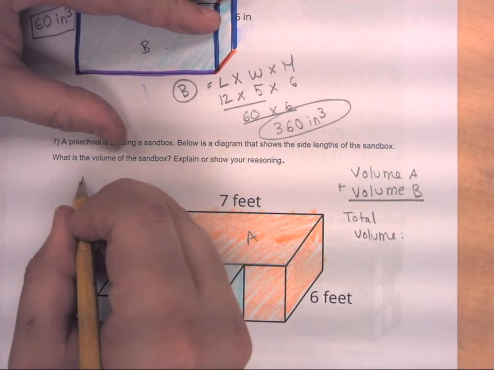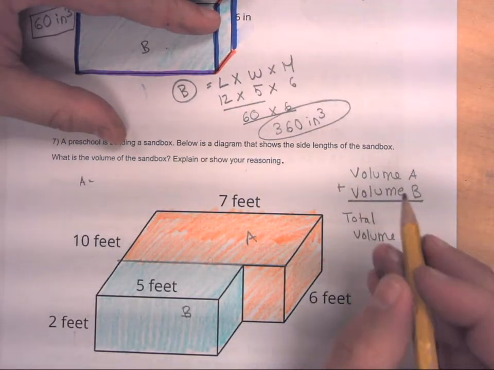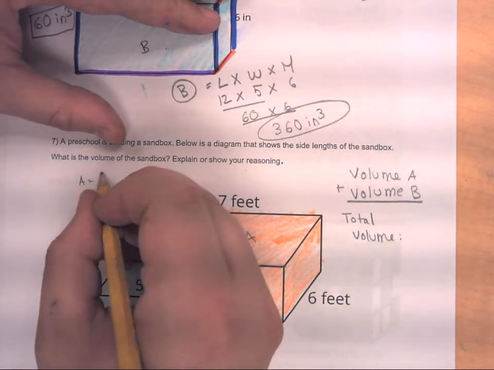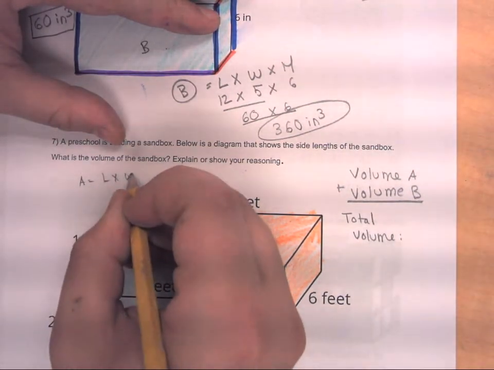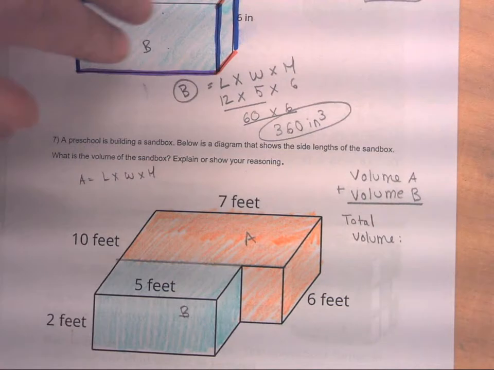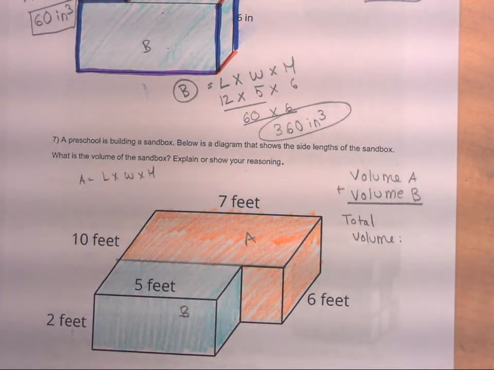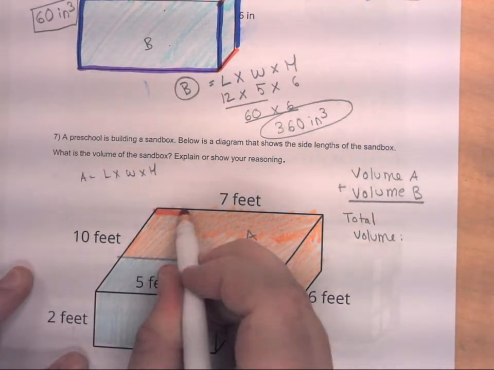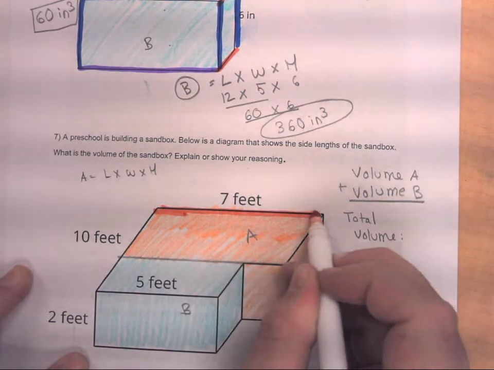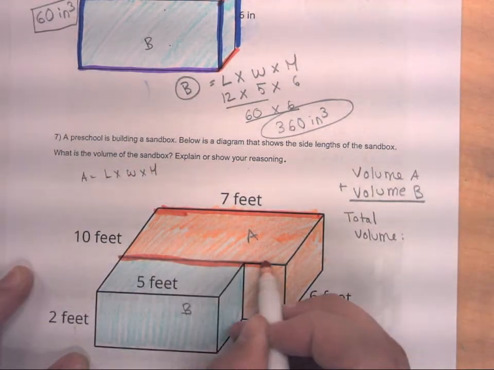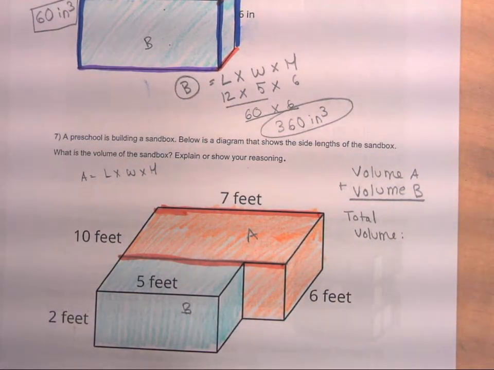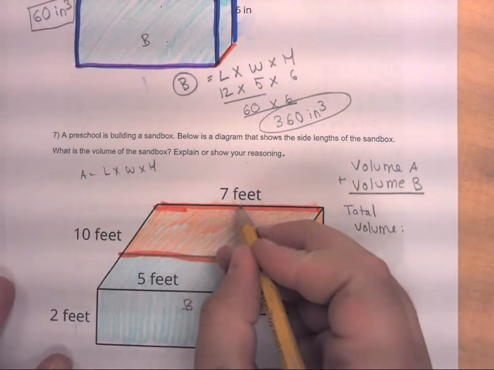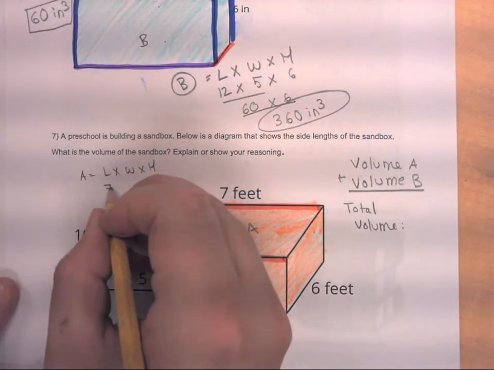In order to figure out the volumes for these two figures, we need to determine the dimensions. For A, there is a length represented here and here. That length is labeled clearly as 7 feet.